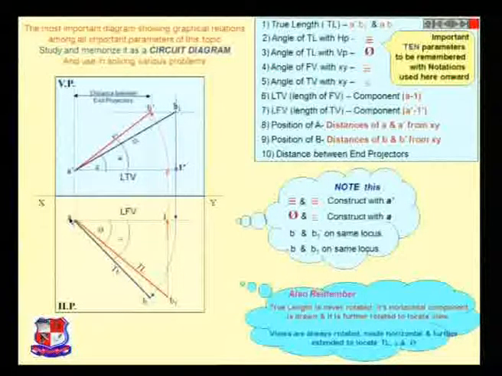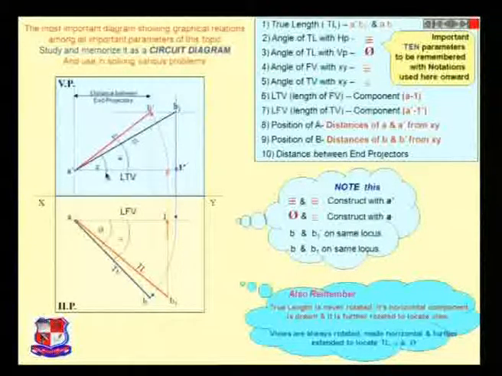Also A and B1 are also true length. The red line shows true length in the horizontal plane and the blue line in the vertical plane shows the true length.